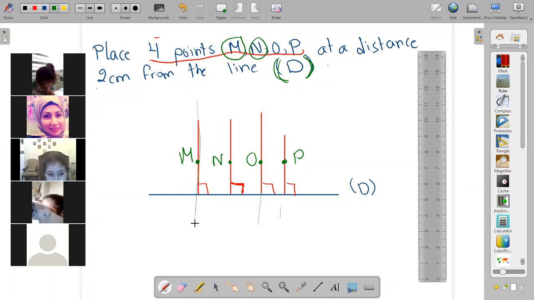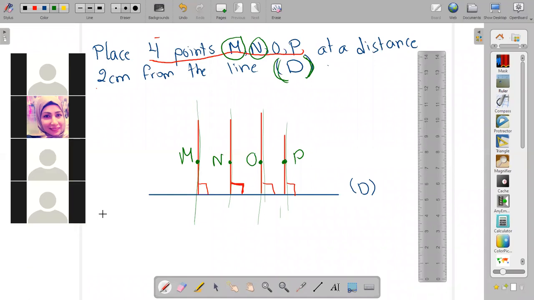This line faces this line, and this line. Who said parallel? Malak? Excellent. How do you know?